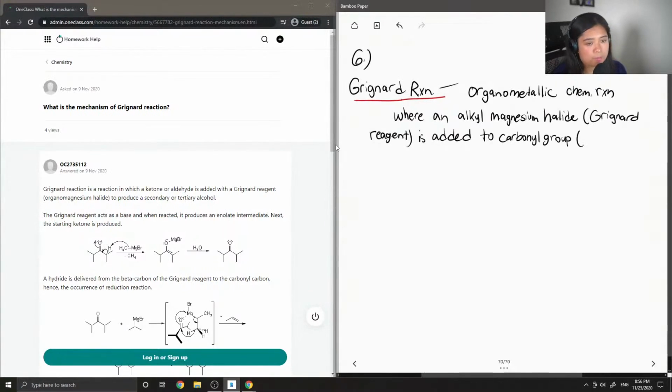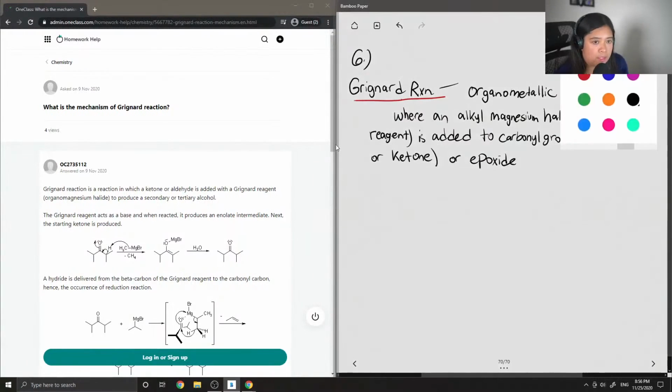If you don't remember, carbonyl groups are like aldehydes or ketones, and they pretty much contain a double bonded oxygen to a carbon. So the Grignard reagent can be added to either a carbonyl group or even an epoxide. So I'll have examples for both.